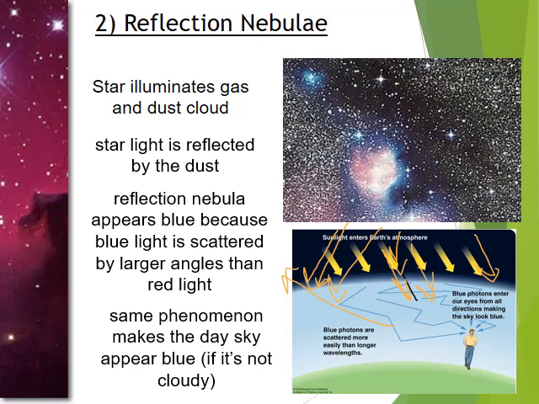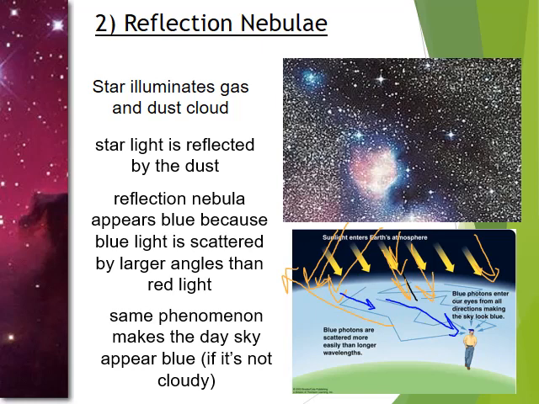The air molecules tend to scatter blue better than they scatter red. So of the light that's coming in, blue gets scattered in all directions better than the red. Therefore, instead of seeing nothing when you look off in this direction, you see blue light coming into your eyes. That's why the sky appears blue.